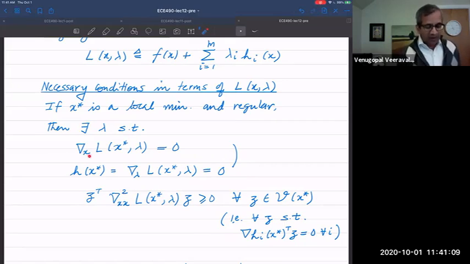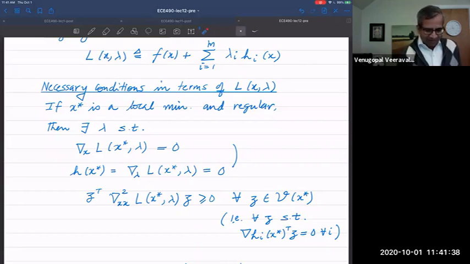We know this from the first order necessary condition. You could also think of the constraint h of x star equal to 0 in terms of the gradient of L with respect to lambda, because if you take that gradient, the first term goes away, and you basically say that each h_i of x equals 0.